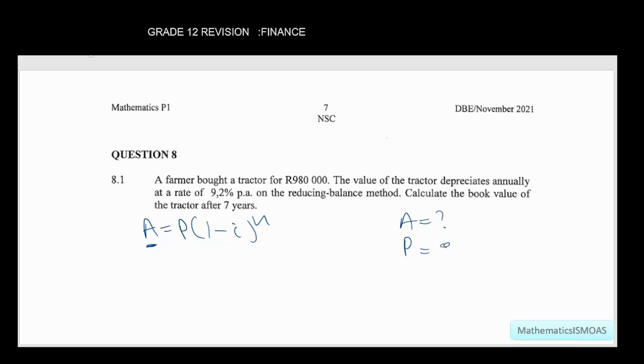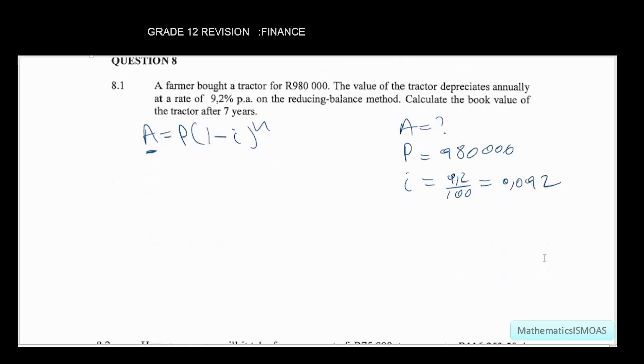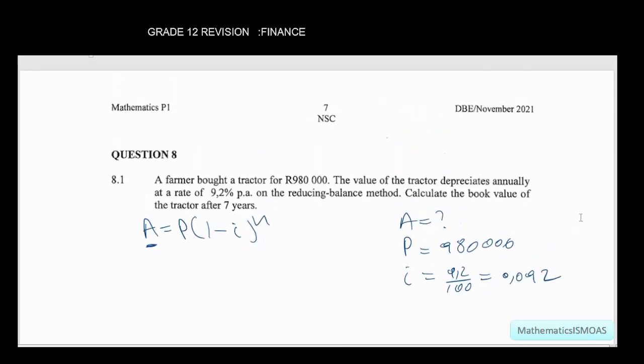The initial amount P is 980,000 rands. i is equal to 9.2 divided by 100, which will give us 0.092. And this is per annum. It is a reducing balance depreciation, so we are not going to divide i by anything. It is per annum, annually.